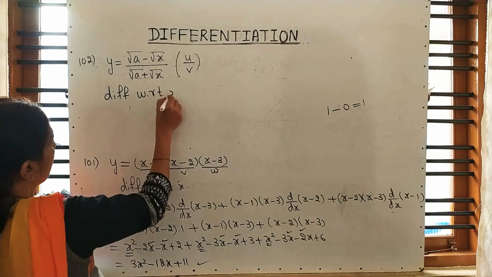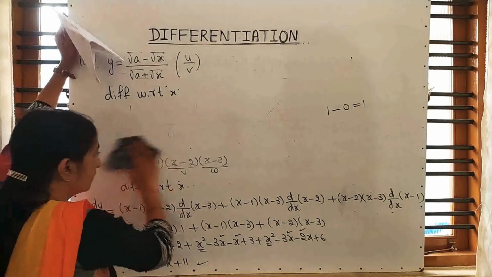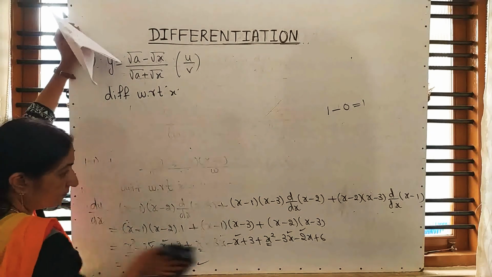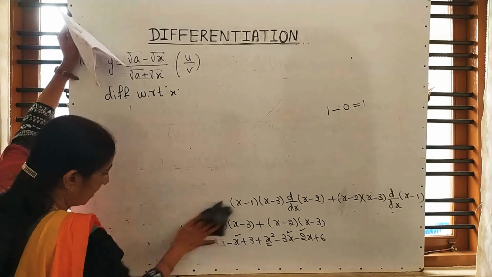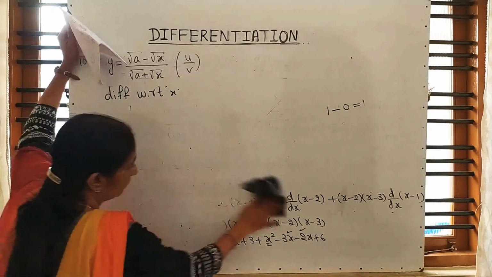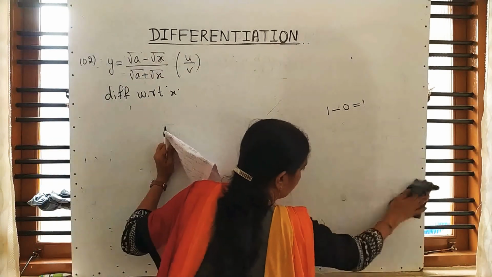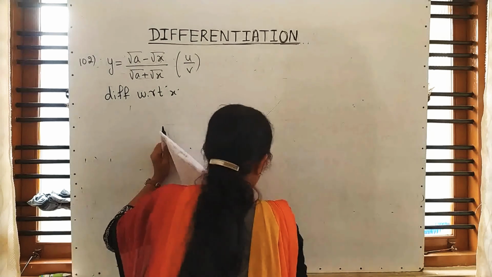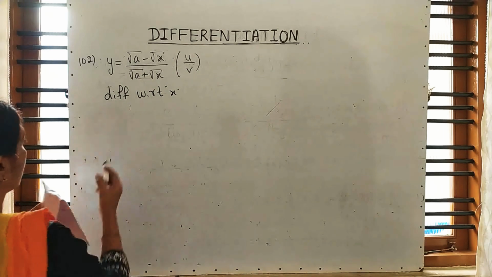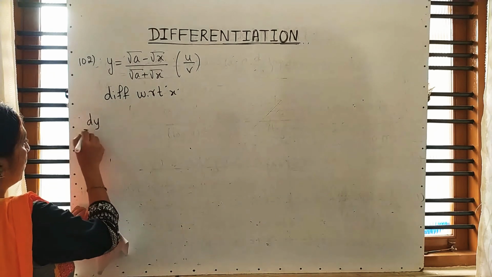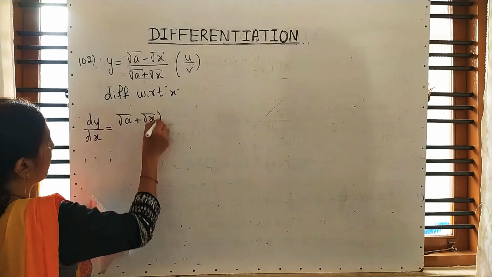Differentiating with respect to x. dy upon dx is equal to root a plus root x as it is.